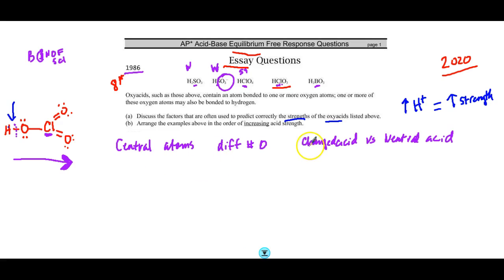But so we have three things that we're going to need to talk about. So I think I'll make sure I clarified. So the more electronegative your central atom, the stronger this pull of the electrons toward itself, the weaker this bond. So the central atom being different.